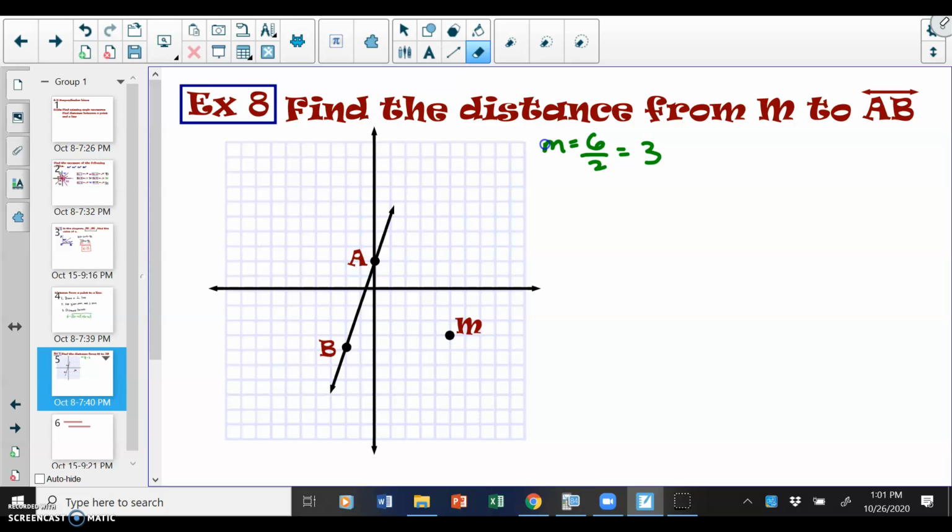So that means that my perpendicular slope, the opposite reciprocal, is negative 1/3. So I'm going to go down 1 over 3. Or I can go up 1 to the left 3. Up 1 to the left 3, and it creates a line.